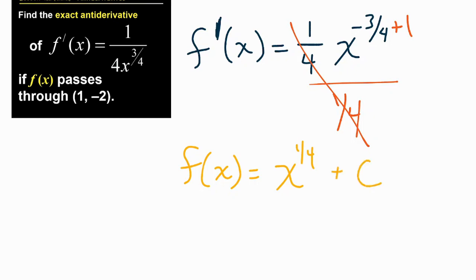Are you ready to get the exact c value using this exact point? Yeah, basically plugging your -2 in for y and plugging your 1 in for x, you find yourself solving for c. It's kind of like you're finding the y-intercept, actually.